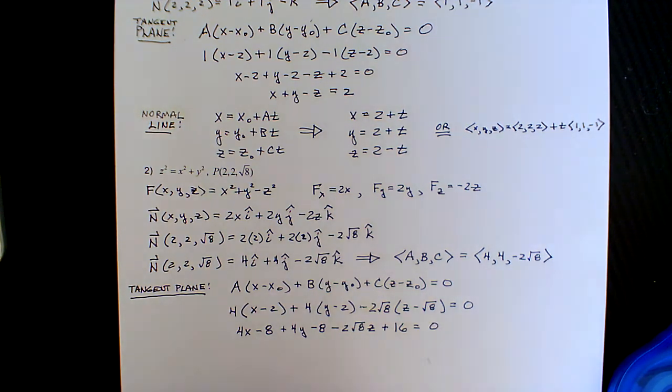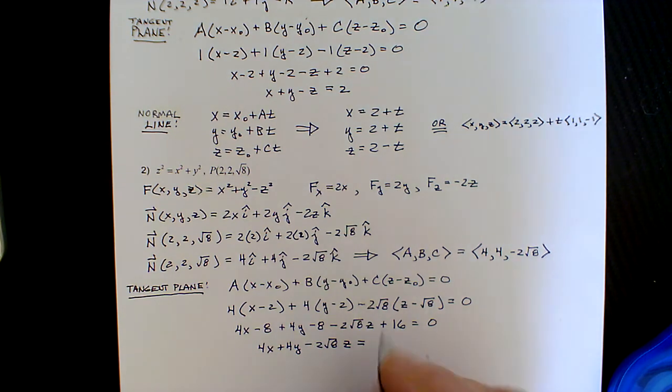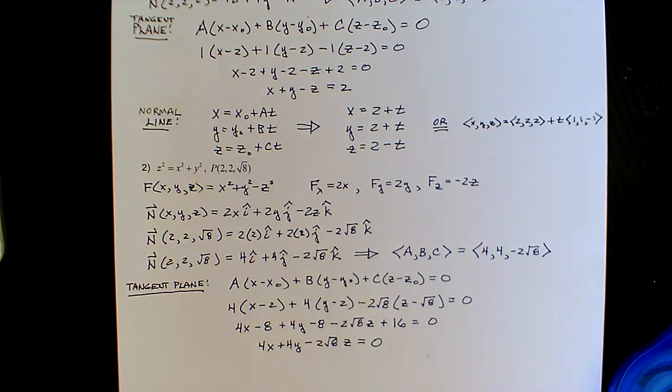So it looks like we get 4x plus 4y minus 2 square root of 8 times z is equal to, this makes negative 16 plus 16 is 0, so nothing to transpose, that gives 0. And you could, as I said earlier, reduce that further if you like.